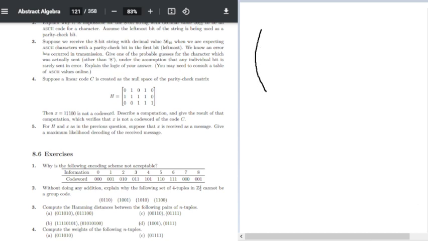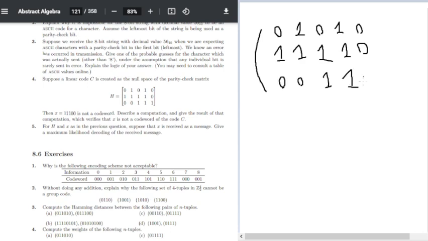So it'd be 0, 1, 0, 1, 0; 1, 1, 1, 1, 0; and 0, 0, 1, 1, 1.